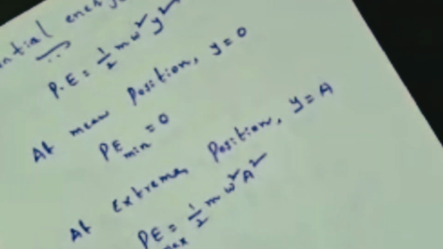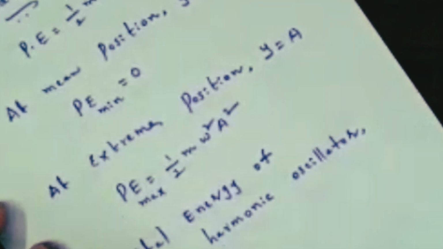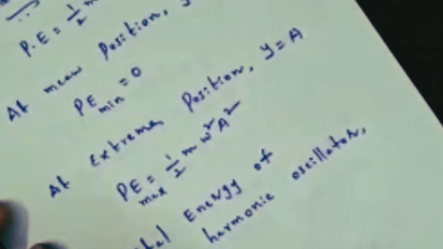Now, total energy. Total energy of simple harmonic oscillator. So what's the value? Total energy is the sum of kinetic energy and potential energy.